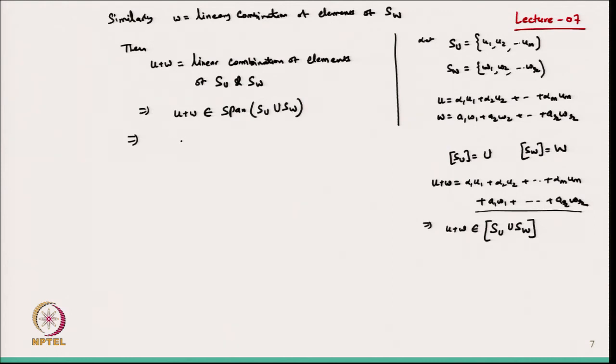So, from here I can say that the span of SU plus SW will be equal to U plus W. So, it will be spanned by the spanning set of U union the spanning set of W. Okay, so, this one we can find out.